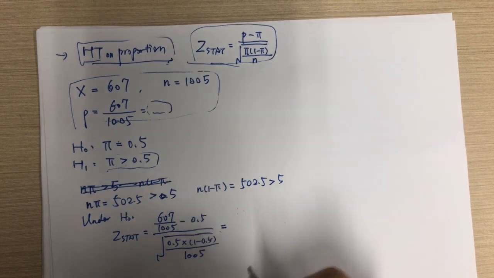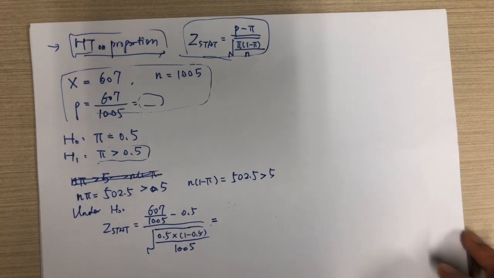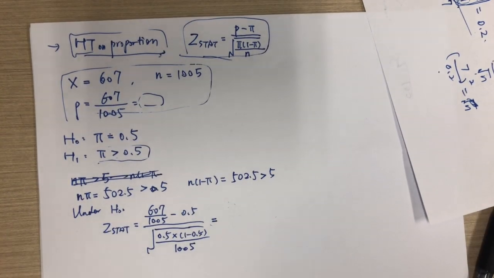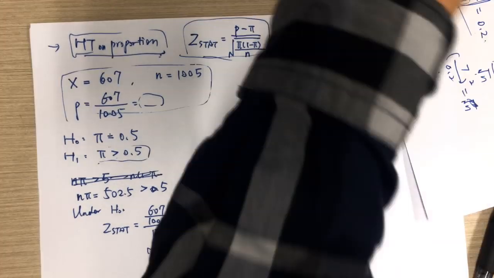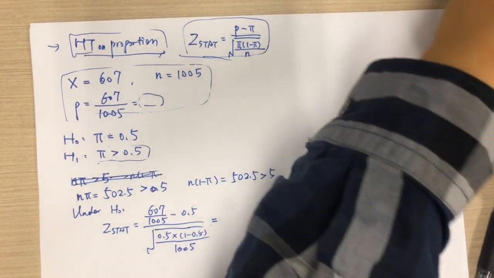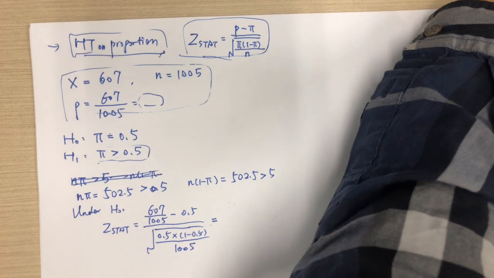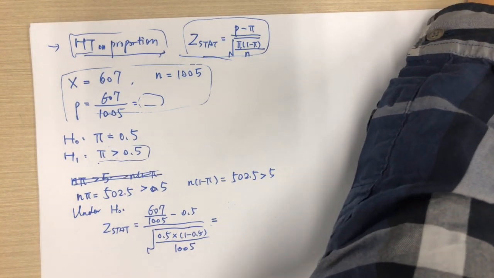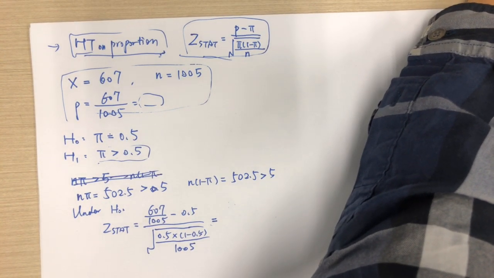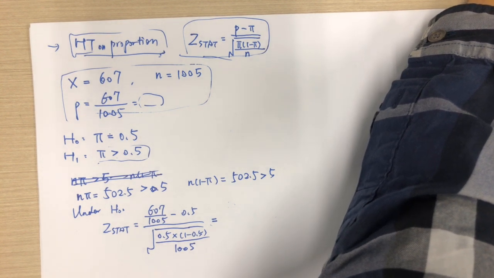So we need to find out this value first. Let me do it quickly on Excel, and you can do it together with me, okay? So please open up your Excel and do the calculation, all right?